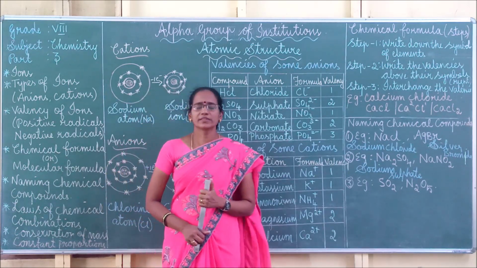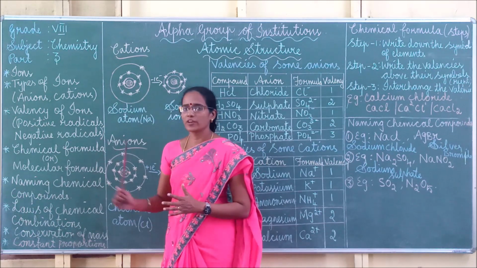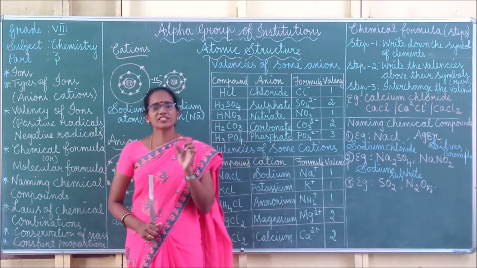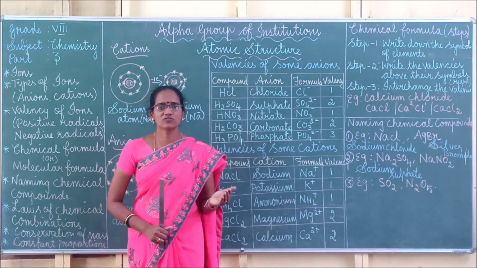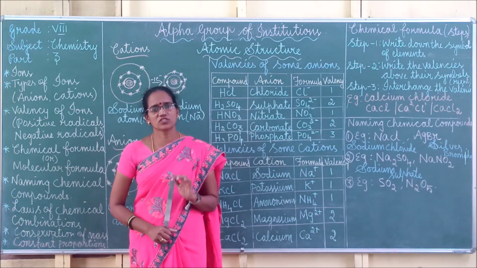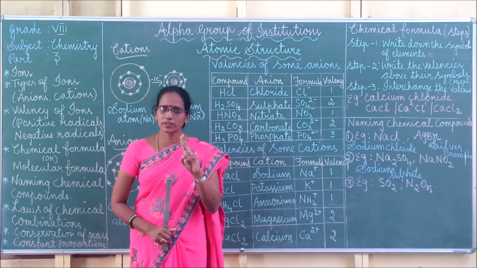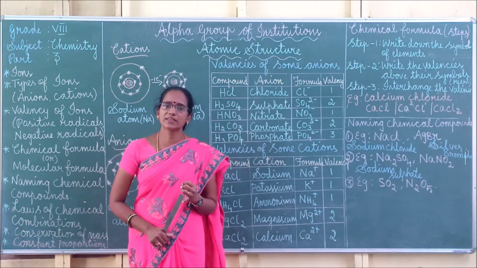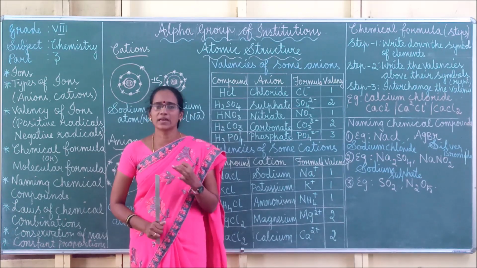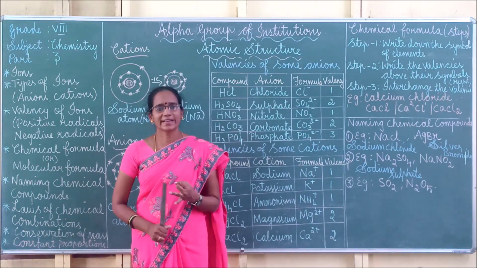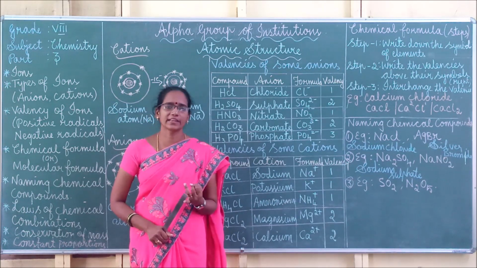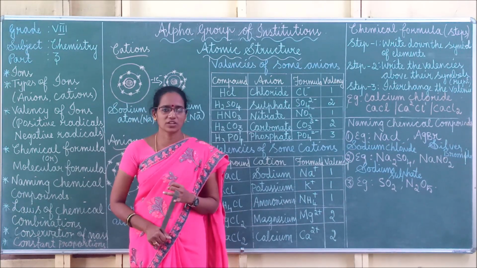So what are the things we discussed today? Ions. Ions means what? Atoms which contain negative charge or positive charge are called ions. What are the two types of ions? One is cations, another one is anions. Anions are negatively charged, isn't it? And cations are positively charged, right?